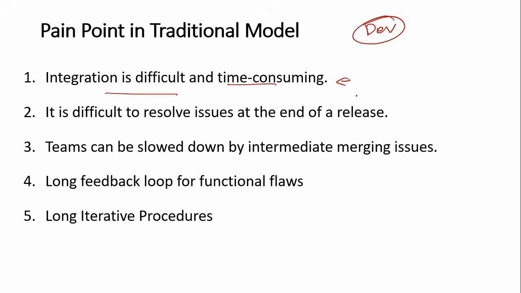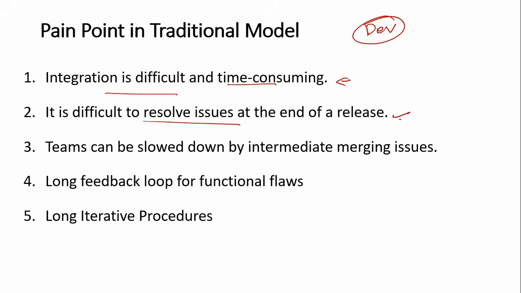One of the problems is this: team one is there. Team one's code went perfectly. Within that itself, they will integrate 3 users' code as team one. Now when you integrate team two's code, it will affect even team one's code also. So this type of problem will come in the integration part. It is difficult to resolve issues at the end of the release.